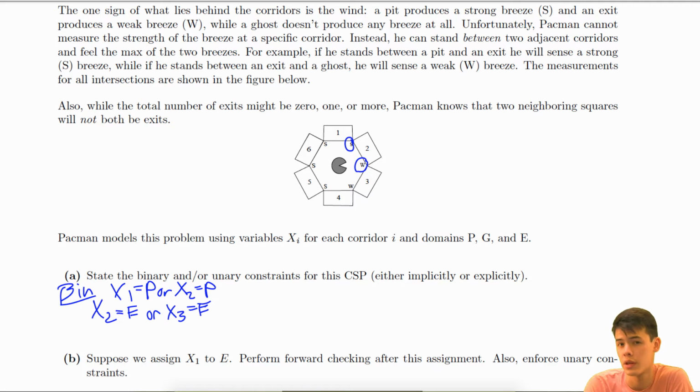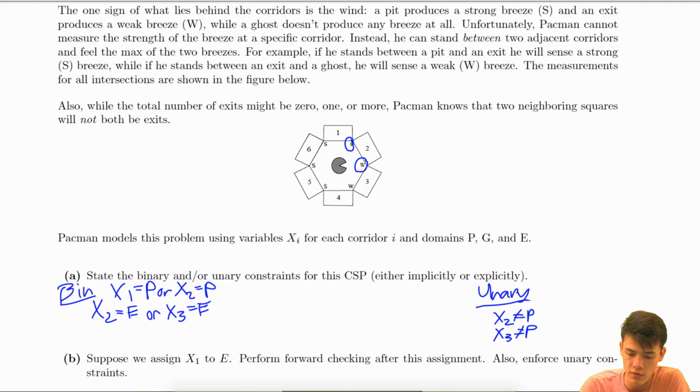We can also conclude something else, though. Could either of corridor 2 or 3 be a pit? The answer is no, because if they were, then we'd get a strong breeze, S, instead of the W. So we're going to have a unary constraint here, which is going to be x2 cannot be a pit, x3 can also not be a pit for that reason.